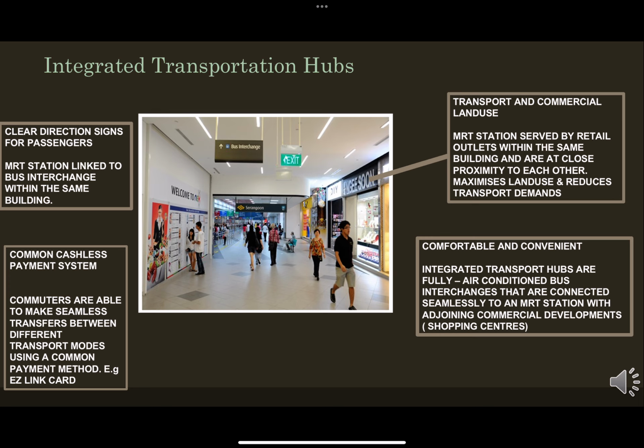So they may not be all just for transport users, and this makes the use of public transport that is supported by this common cashless payment system very attractive and very convenient for commuters.